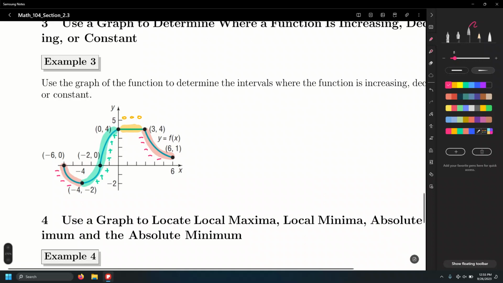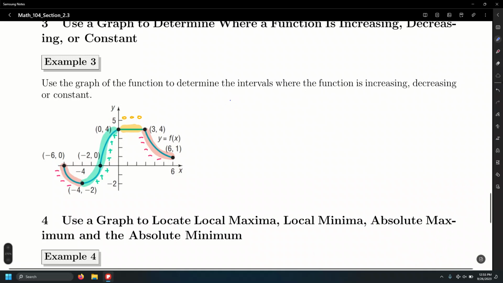In this case, let's list the intervals at which the function increases. It's increasing over the interval. All we're going to do is list the green interval. It goes from x equals -4 all the way to x equals 0. We don't do the y value, we just do the x value.